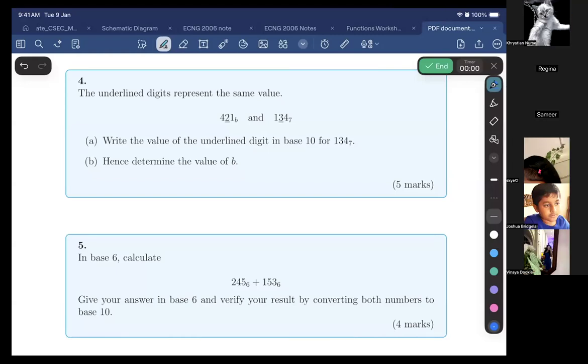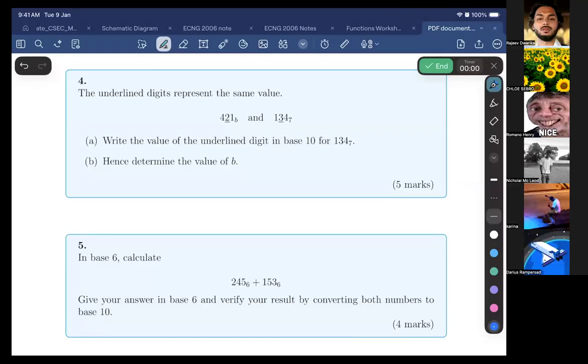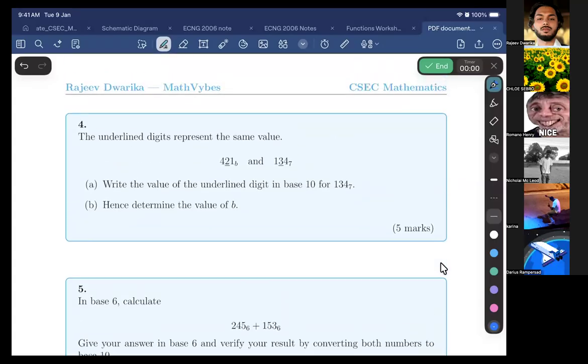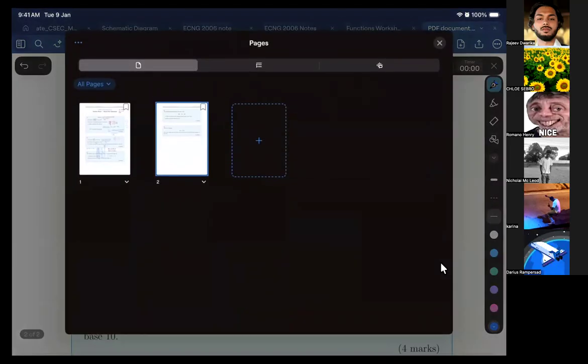I think I got through number 4. I'm still trying to work on number 5. Salma, what do you have for number 4? I think I got through number 4, but I just need to check it over to make sure. All right.